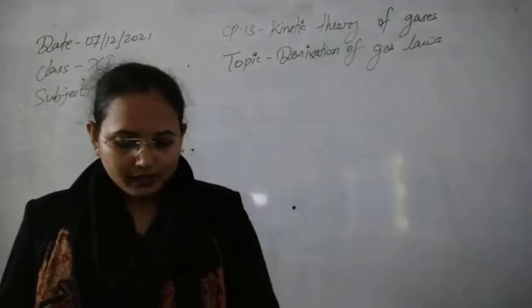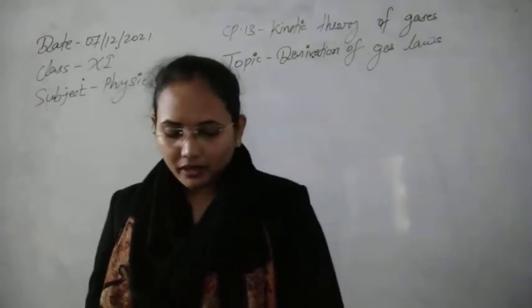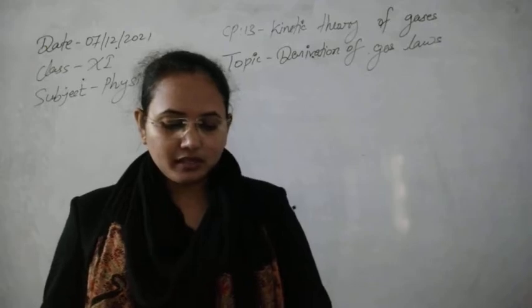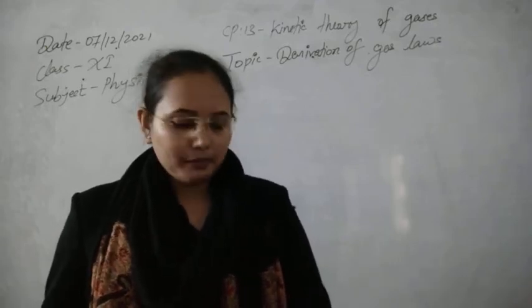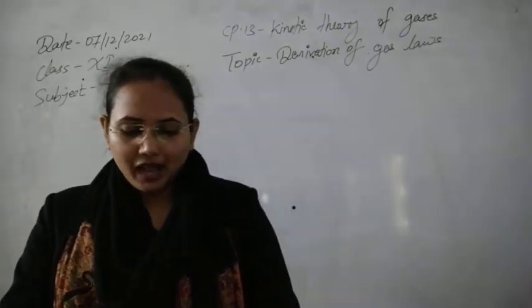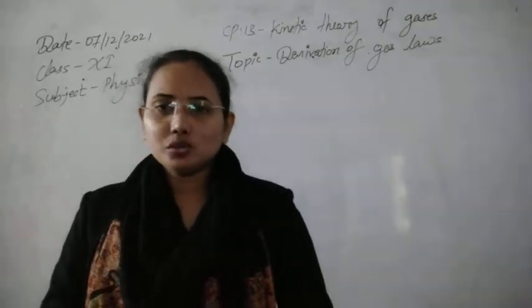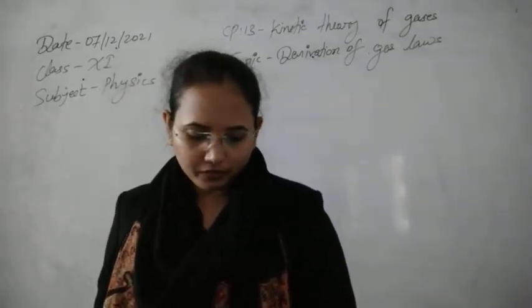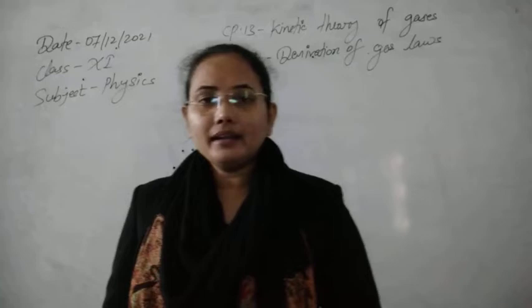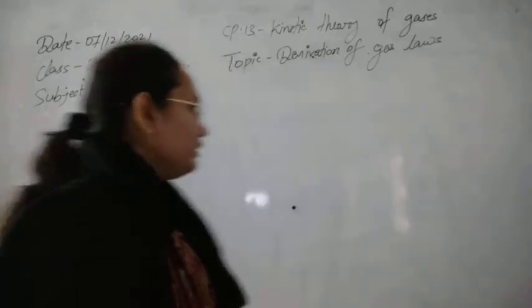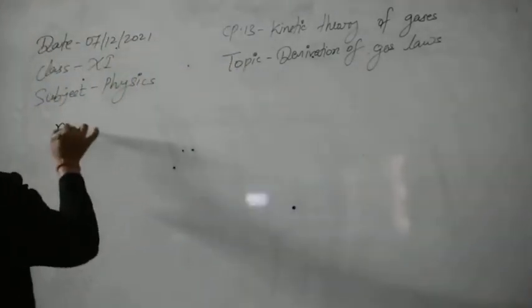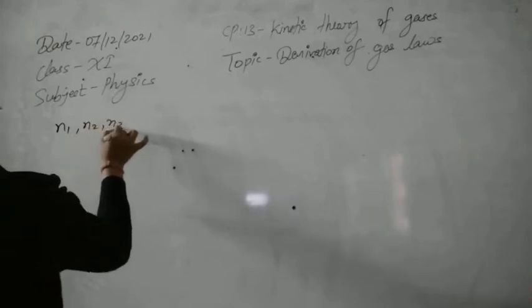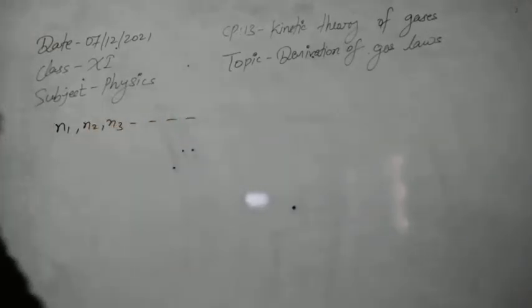Let us consider a number of non-reactive ideal gases mixed together in a vessel of volume V, where we keep the volume constant and also the temperature constant. Let N1, N2, N3 and so on be the number of molecules of the different gases.